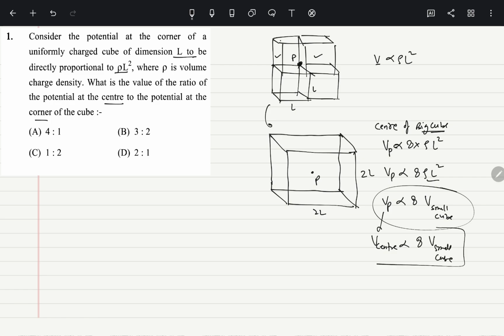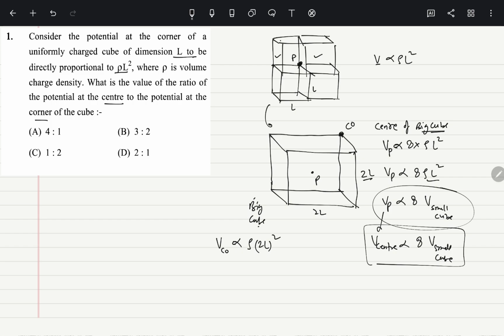And now we need to find the corner. So the potential at the corner is directly proportional to rho L square, where L is the side. This time we have another, big cube. So can we write the potential at the corner, let's say V corner, directly proportional to rho L square, where L is the side.